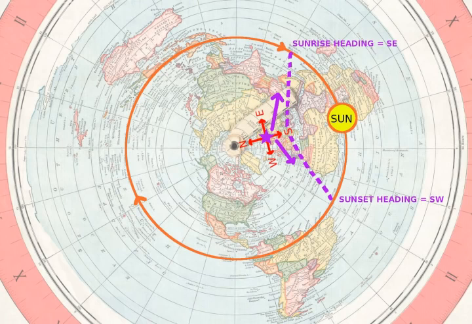Anyway, we can see the arrows pointing to the southeast for the sunrise and the southwest for the sunset from Stockholm. And the dotted purple line represents the arcing of the sun that we would see as it appears to rise above the horizon, as it essentially gets closer to us on its circular path.